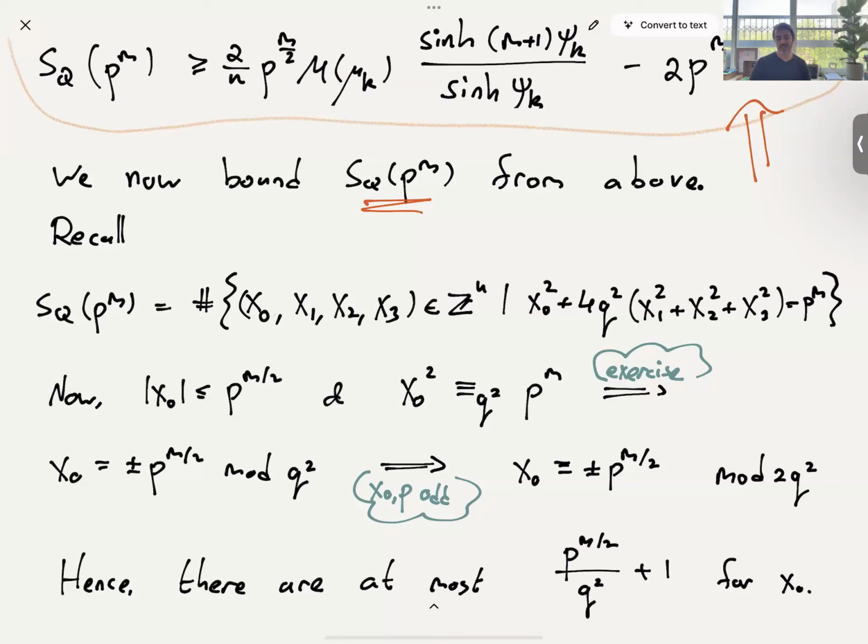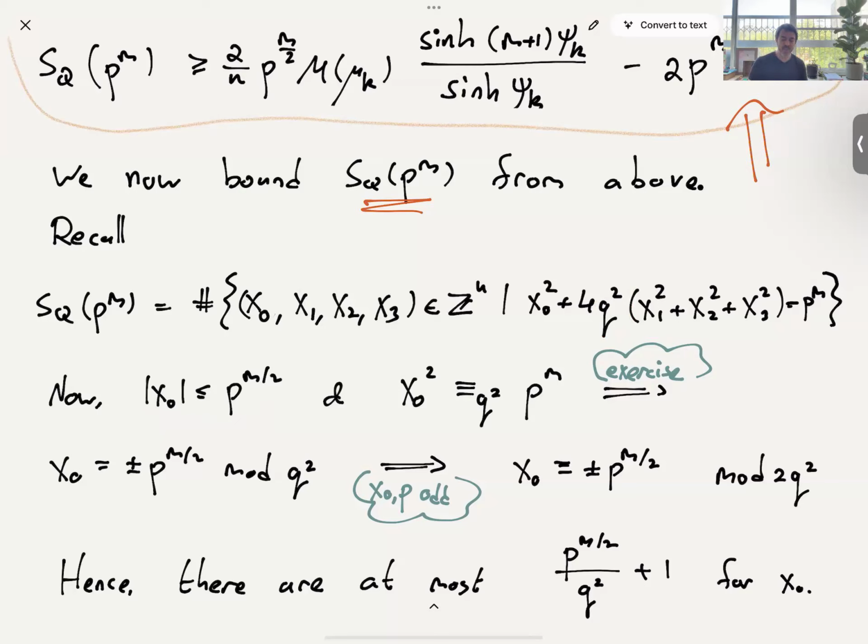So first of all, let's look at x0. It's kind of different than the rest. It's at most p to the m over 2, because these are positive. So in absolute value, it's bounded by p to the m over 2. And so this means that modulo q squared, looking at this equation, you see that x0 squared is p to the m modulo q squared, because this is 0.